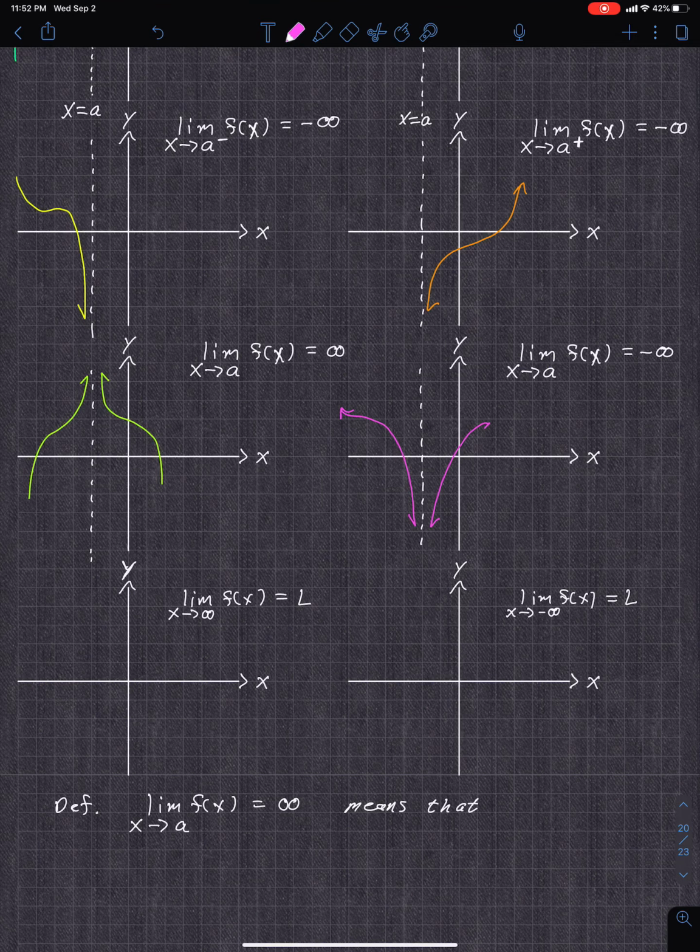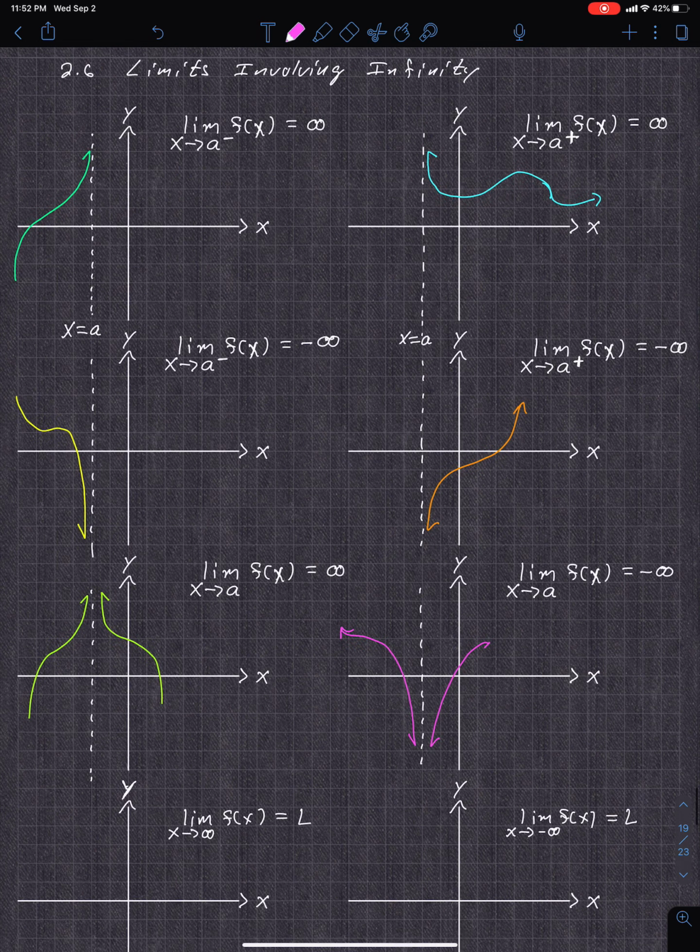All right, so those are all vertical asymptotes, and x equals a would be that vertical asymptote. You should have seen that in college algebra, graphing rational functions. 1 over x, you have approaching positive infinity and negative infinity as you approach 0.